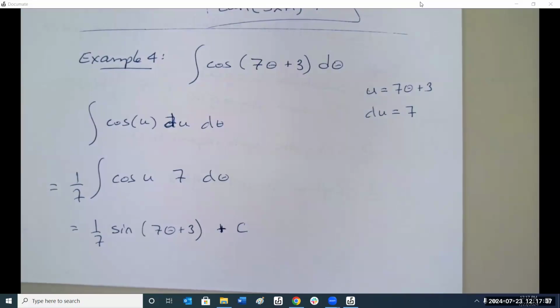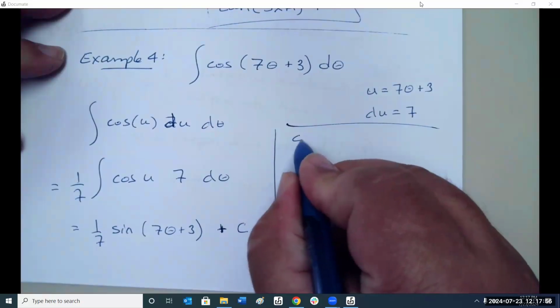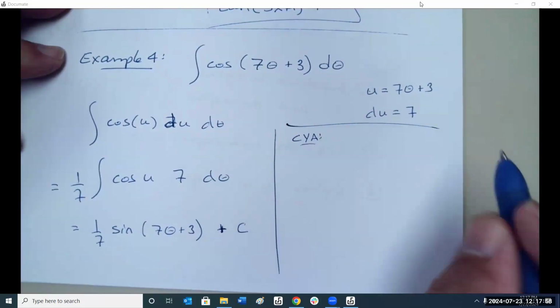And how do you test your answer? How do you test to see if that's right? Check your answer.